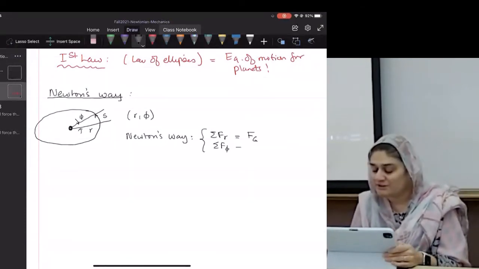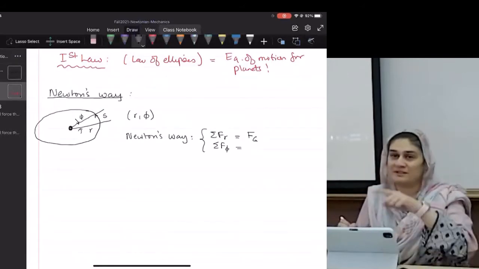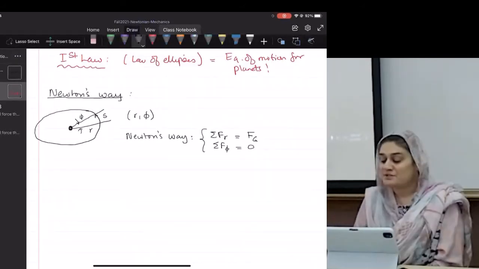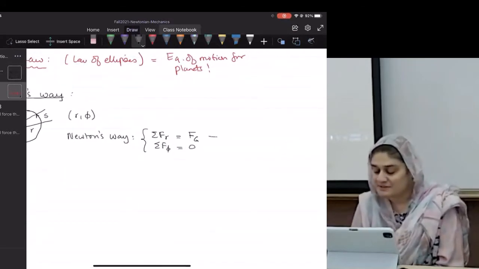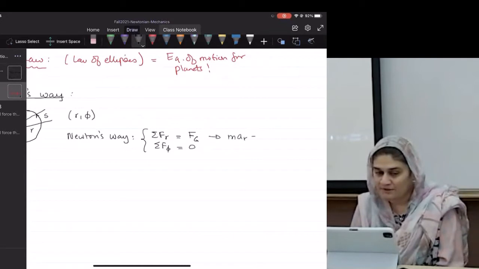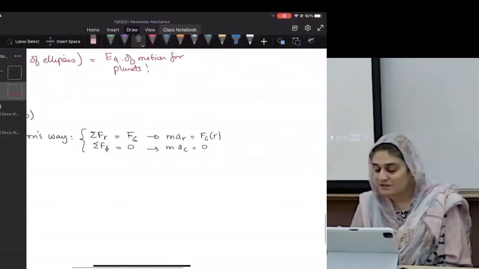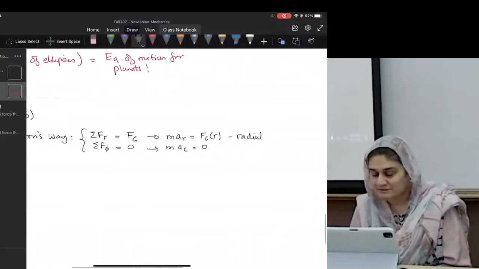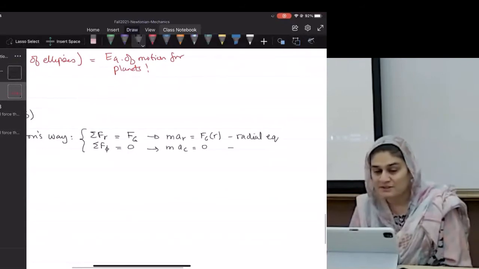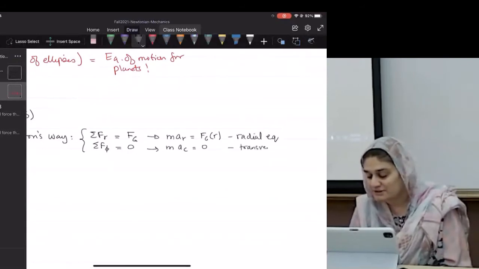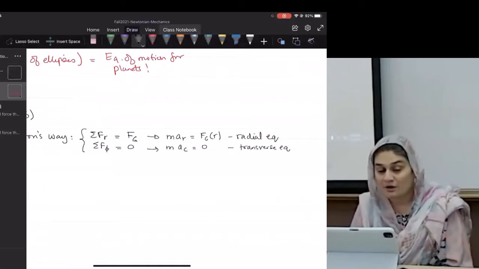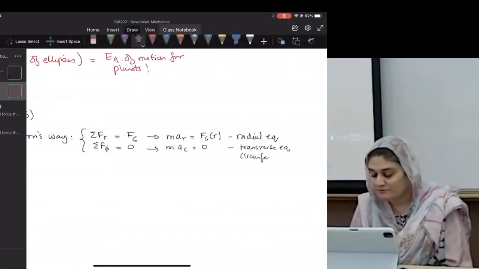And what's an external force that's keeping it moving in phi direction? There is none. So this means I can rewrite this as m a_r equals F_G as a function of r, and this one I can write m a_phi equals 0. This equation is called the radial equation, and this one is called the transverse equation, also called the circumferential equation.